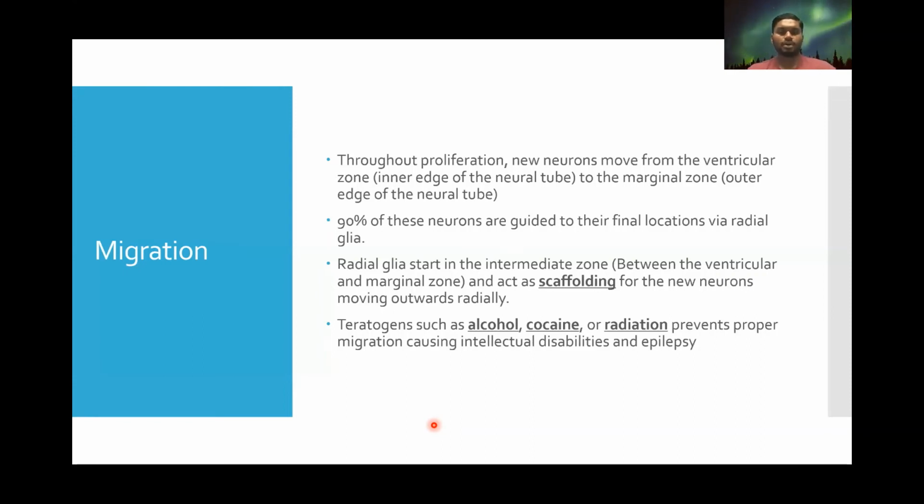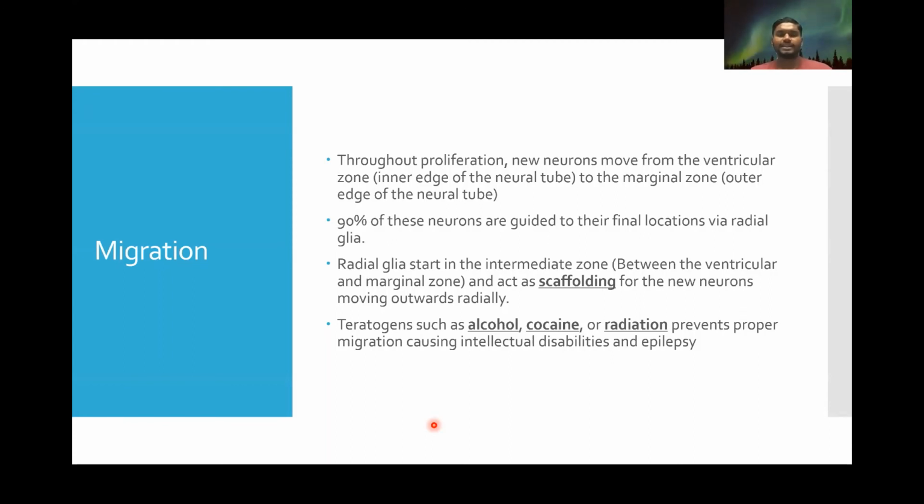For those of you who didn't know, it is a tube, and in the center there's a hollow space. This hollow space will eventually become the ventricles. So the inner edge of this neural tube will become the ventricular zone because it is the zone closest to the ventricles. So the goal of migration is to go from this ventricular zone to the marginal zone, which is on the very outer edge of the neural tube.